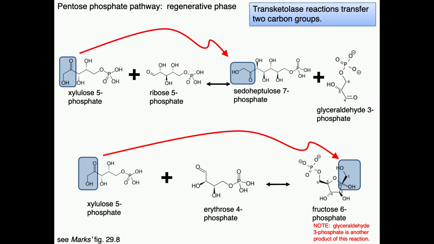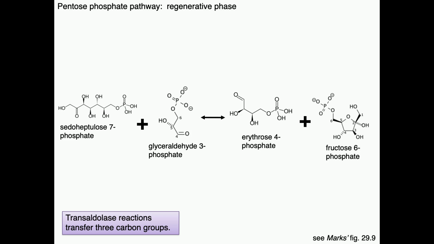So that erythrose 4-phosphate, where could we get that? We could get the erythrose 4-phosphate as a product of the transaldolase reaction. For example, if we had the sedoheptulose 7-phosphate, the 7-carbon product of the transketolase reaction from the other page, we could transfer 3 carbons from the 7-carbon molecule and add them onto a glyceraldehyde 3-phosphate, and then we would get a 6-carbon glycolytic intermediate.